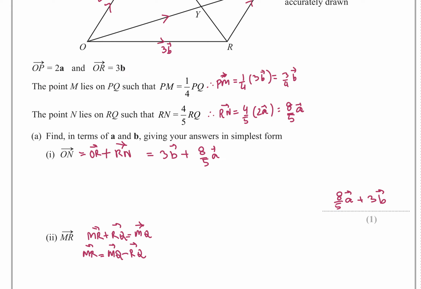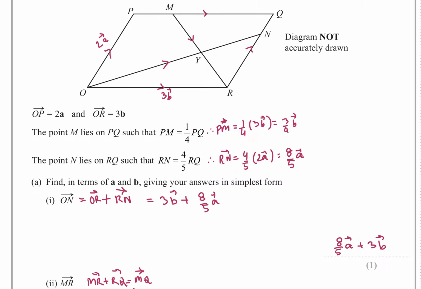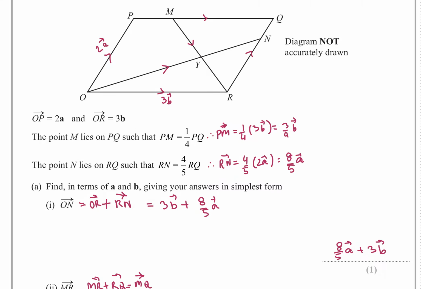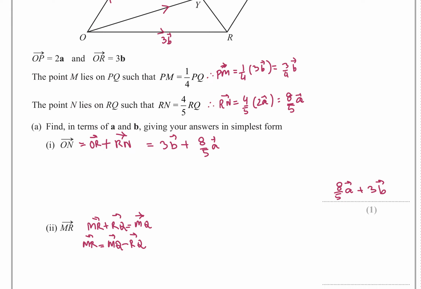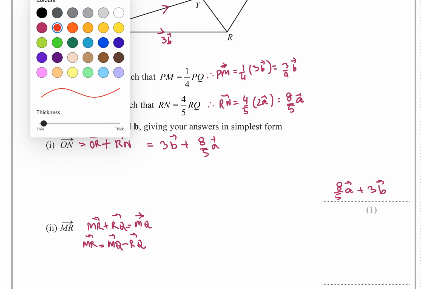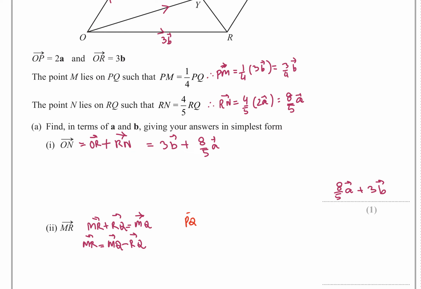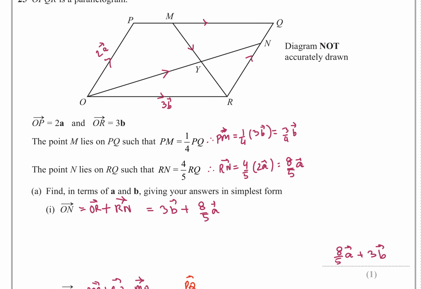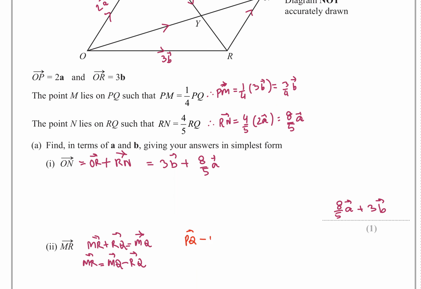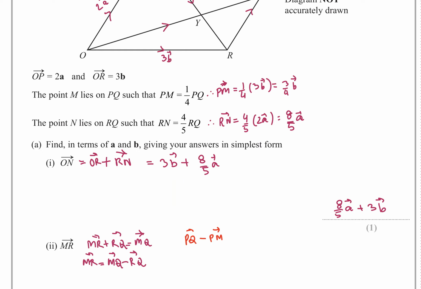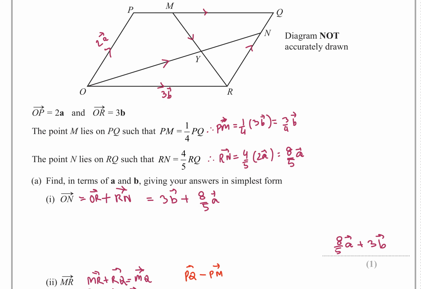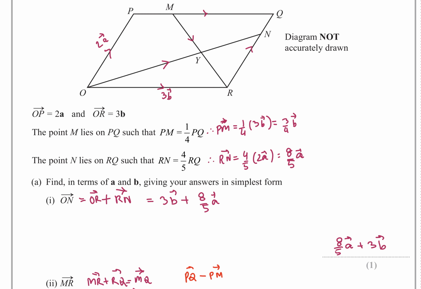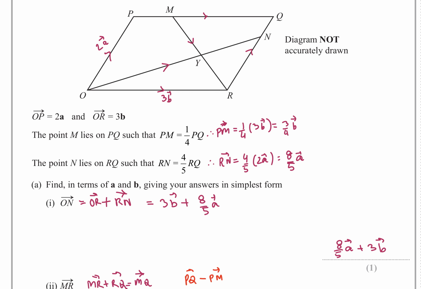What is MQ? MQ we can say is PQ minus PM. They're all vectors. Direction is important, and that's the only thing differentiating a vector and a scalar.